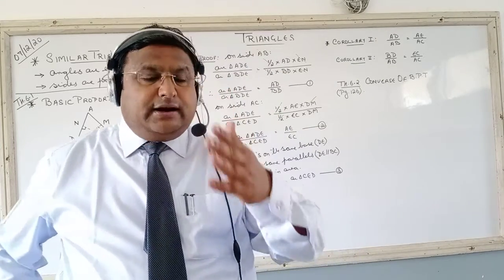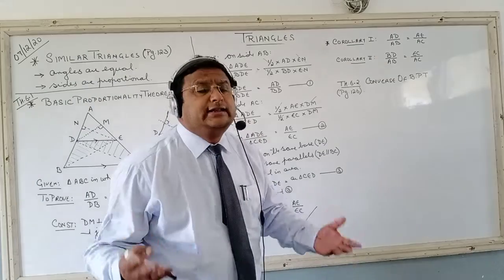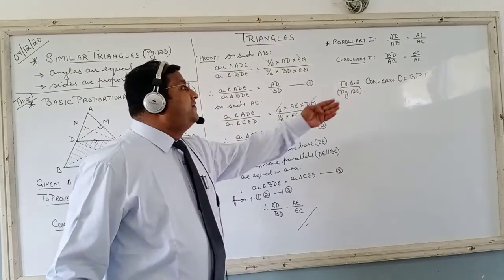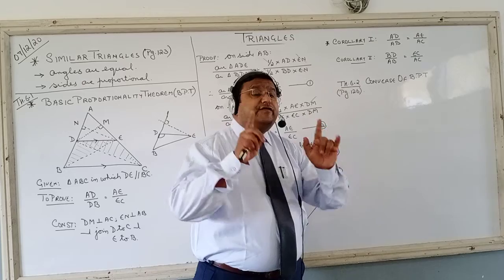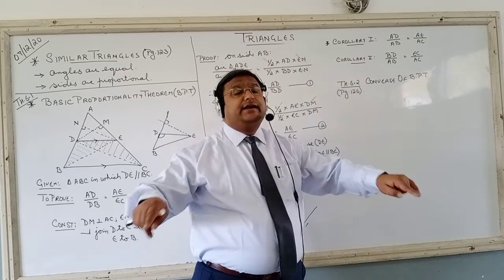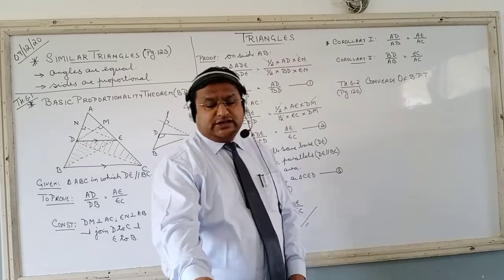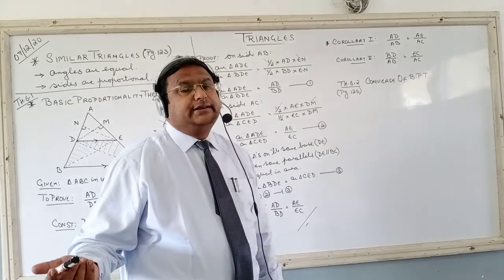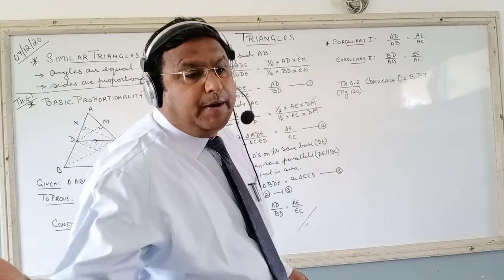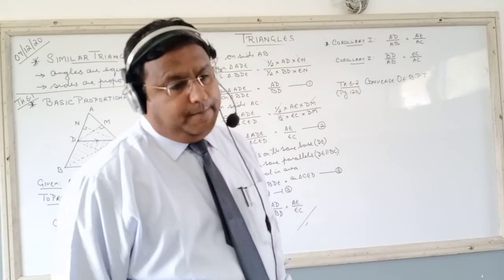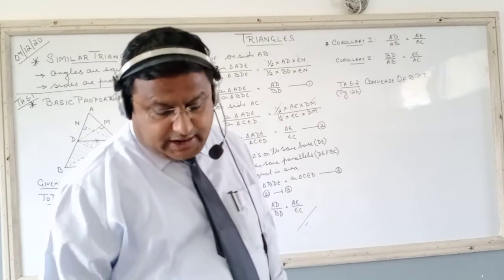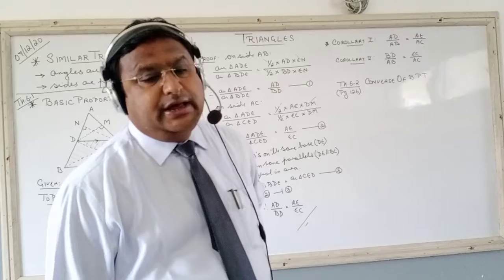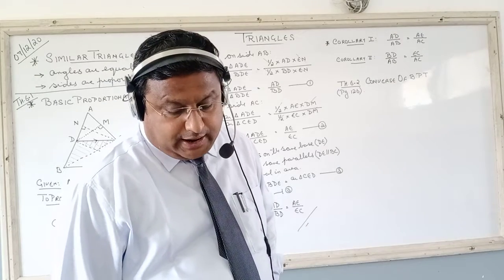So when is it going to be parallel? If the 2 sides are divided in the same ratio. So you just have to divide the sides and check. If the sides are proportional, then the line is parallel. If the sides are not proportional, then the lines are not parallel. Clear? I hope you can do these questions. They are not tough.